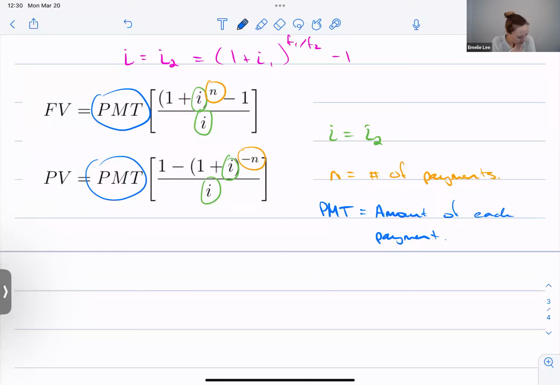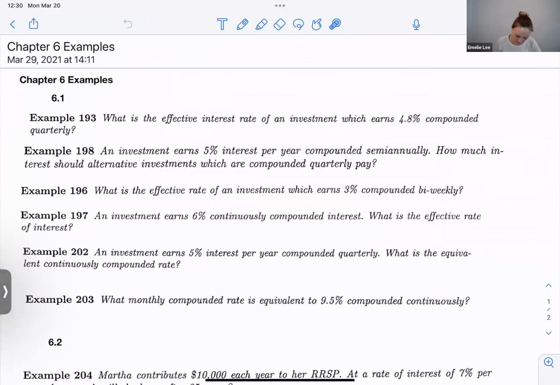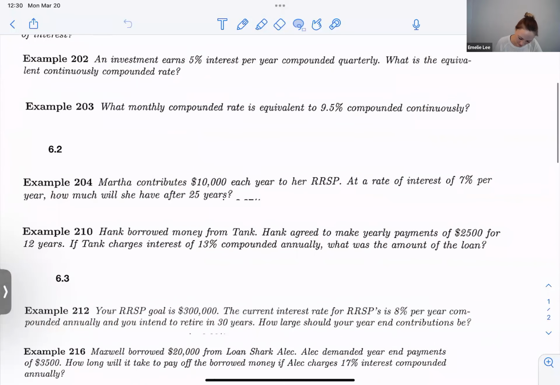Okay, so let's do an example, right? Because depending on if you want to find the future value or the present value, that's going to determine which formula to use, right? So it's going to be super important that you keep track of which one you want. All right.